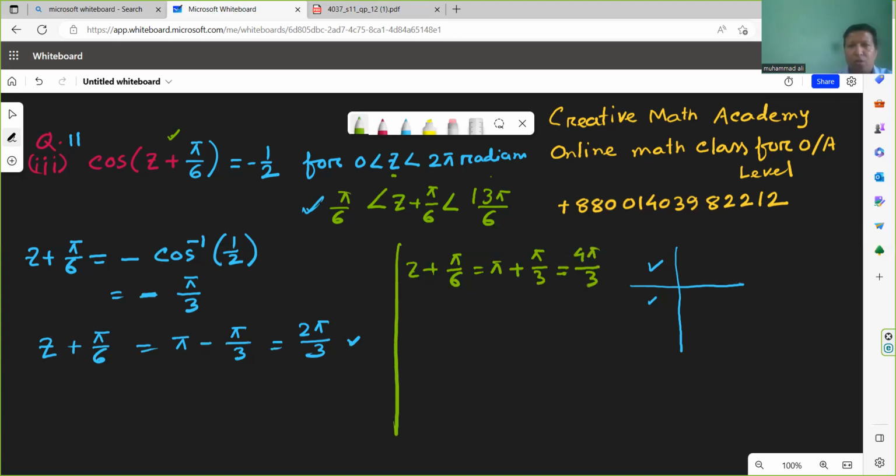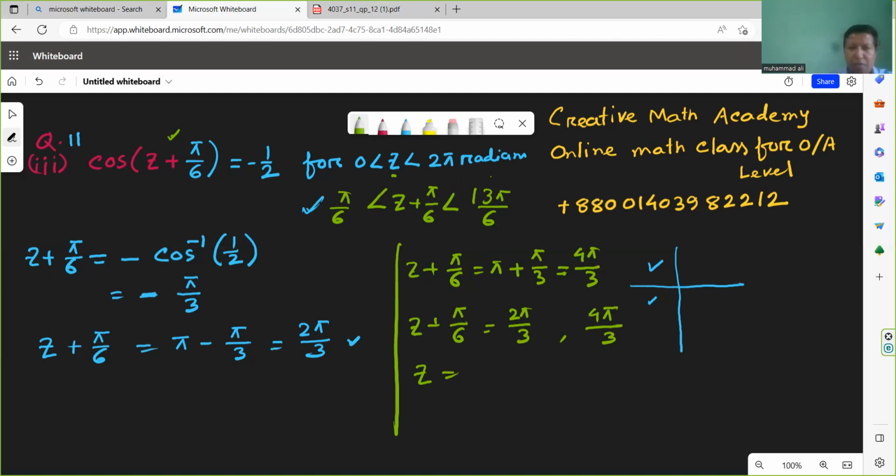So for z plus pi by 6, we got two results. One is 2 pi by 3. Another is 4 pi by 3. Now, if we want to find the value of z, we have to subtract pi by 6 from both of these.